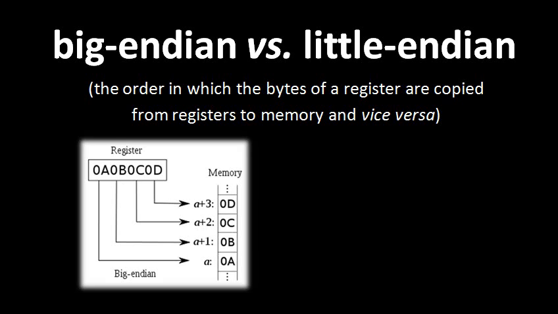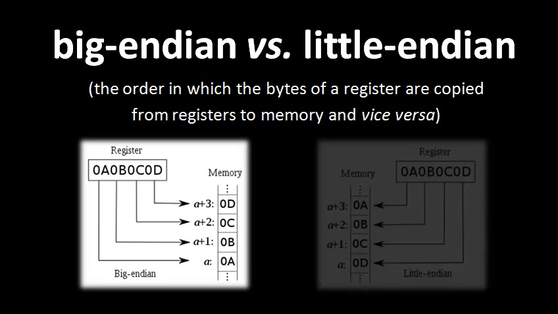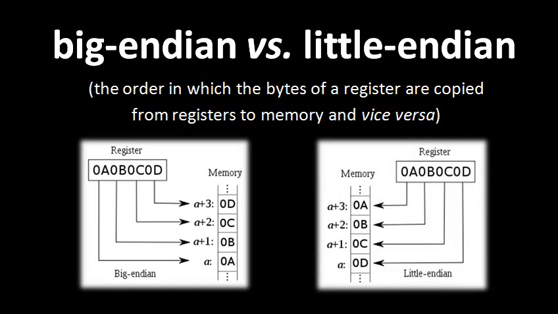If our system is little endian, however, and we do the same thing, we copy the content of a 4-byte register with the same content to address A, well, we start by copying the little end, the least significant byte of the register 0D, to address A, and then we work from right to left, copying the bytes into the successive bytes of memory.